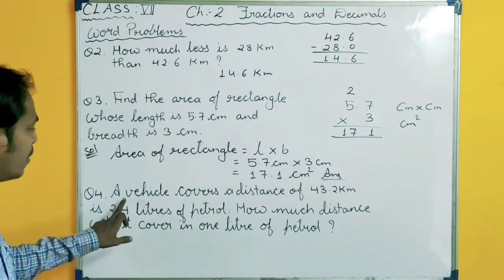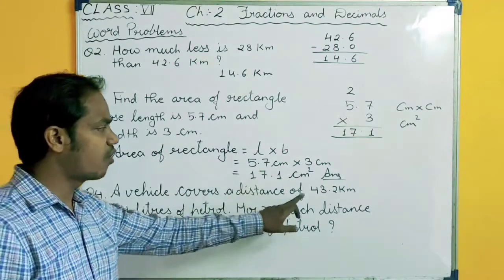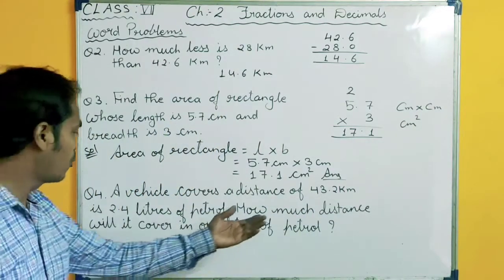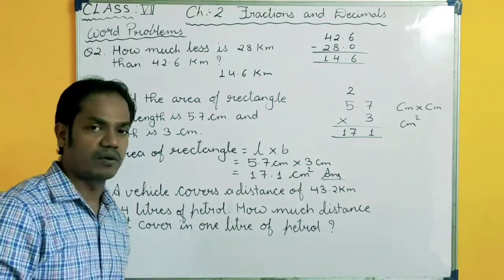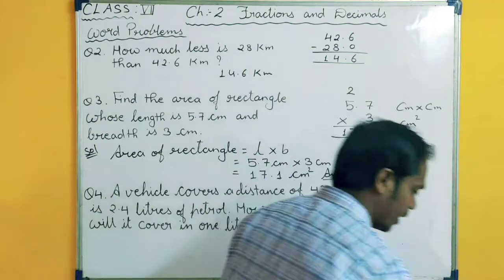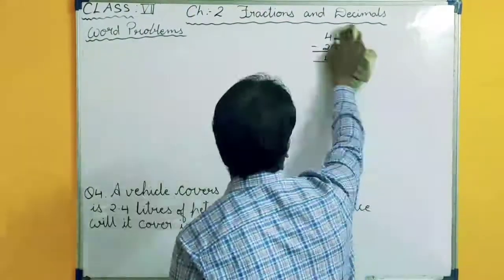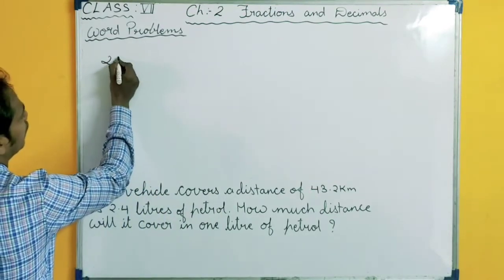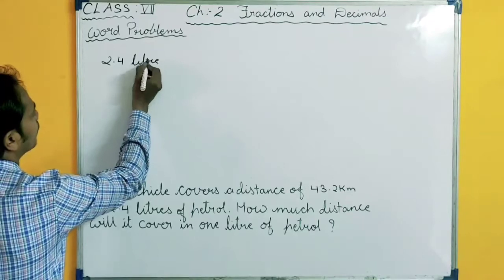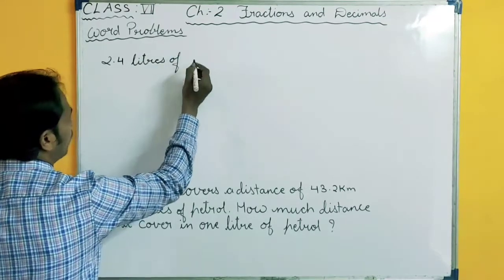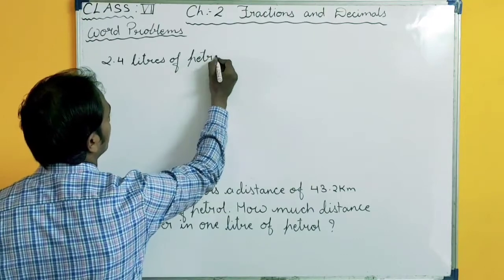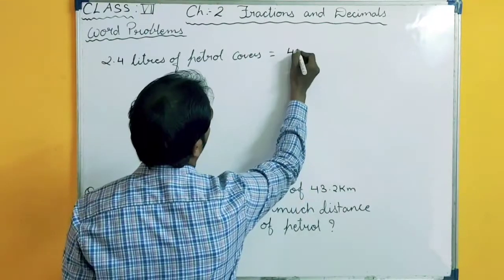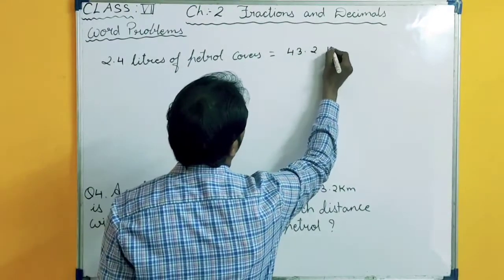Now last question. A vehicle covers a distance of 43.2 km in 2.4 liter of petrol. How much distance will it cover in 1 liter of petrol? Here we will use the unitary method. So here we will write the statement: 2.4 liters of petrol covers how much distance? 43.2 kilometer.